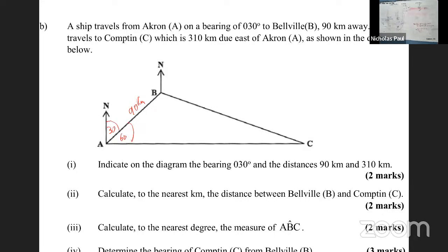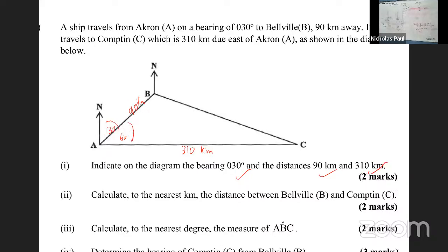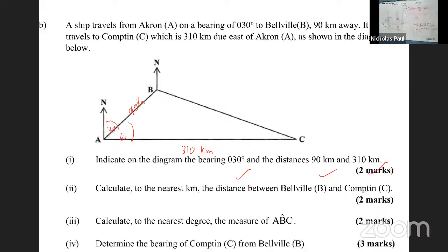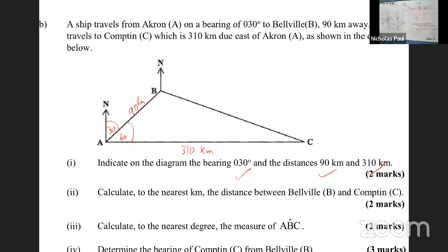It then travels to C, which is due east of A. So this is 310 kilometers. We showed the 30, the 90, and the 310. Easy marks. They're going to ask you to find BC. Which rule is that? Cosine. Very good. And then you'll figure out parts 3 and 4. Using the 60 degrees, yes.